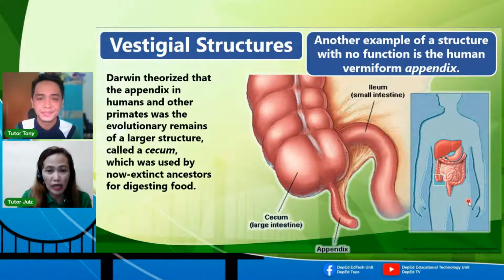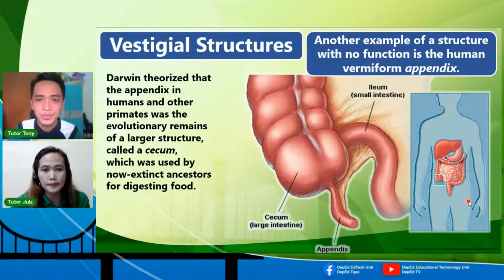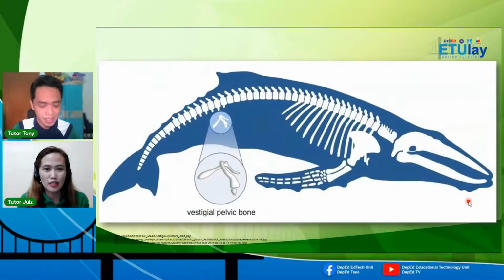So that is one of the evidence na meron tayong pinanggalingan na other organism. So they used to have that organ, pero since nagbago yung diet as time progresses and as organisms evolved, eventually nawalan siya ng gamit. Pero nag-exist pa rin siya right now. Nandun pa rin. Next also example, the pelvic bone sa whale. Ayan, nandyan pa rin.